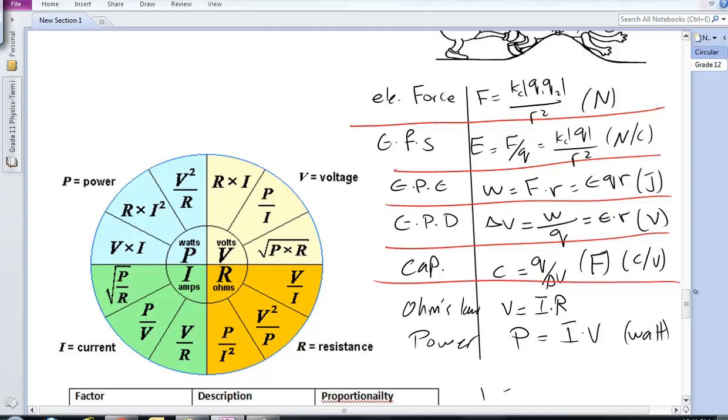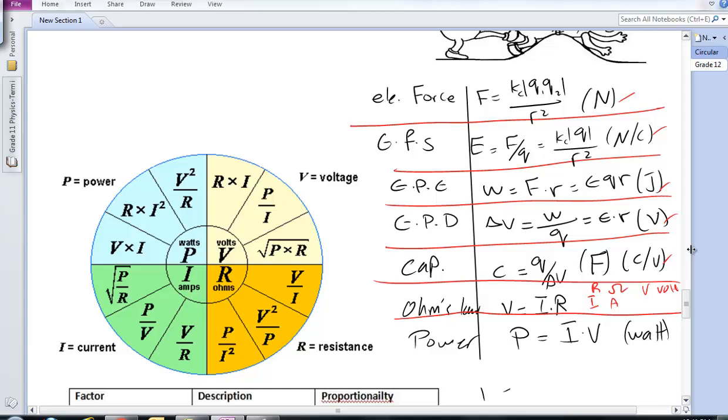So these are all of the formulas that you need, and these are the units. Here the R is measured in ohm, the I is measured in amperes, the V is measured in volt.